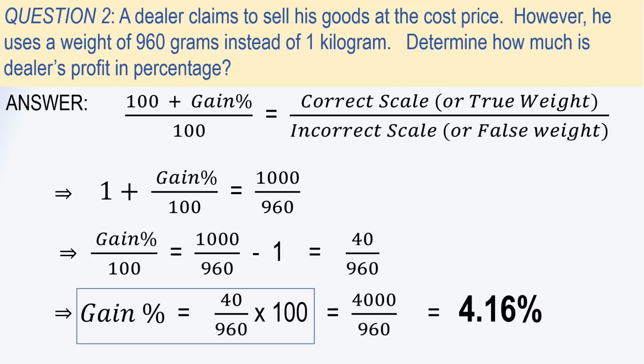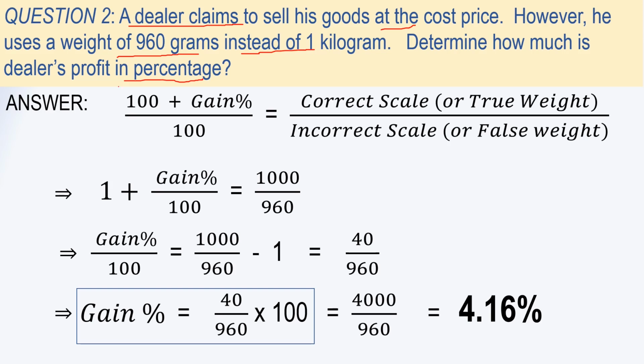So this trick is useful in questions like this one, where a dealer claims to sell his goods at the cost price. However, he uses a weight of 960 grams instead of 1 kilogram. Question is to determine how much is the dealer's profit in percentage.